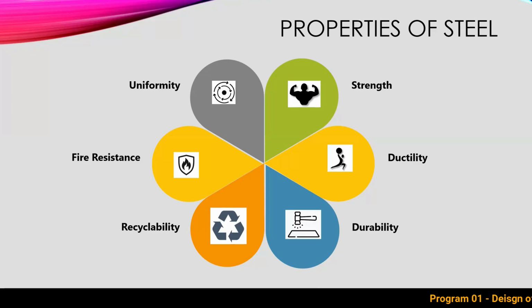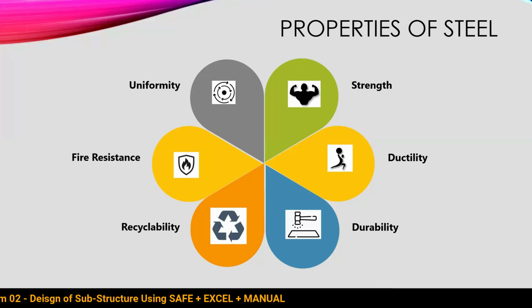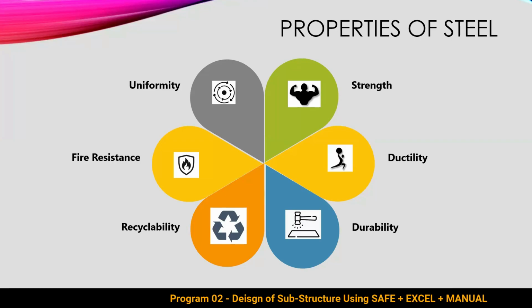So it is not very uniform and the strength might vary from section to section. There is a slight variation. But in case of steel, as it is a uniform member, we can have similar kind of properties at any cross section, at any location, along any length. So these are some of the properties of steel. This is the reason why we use steel as a structural member.